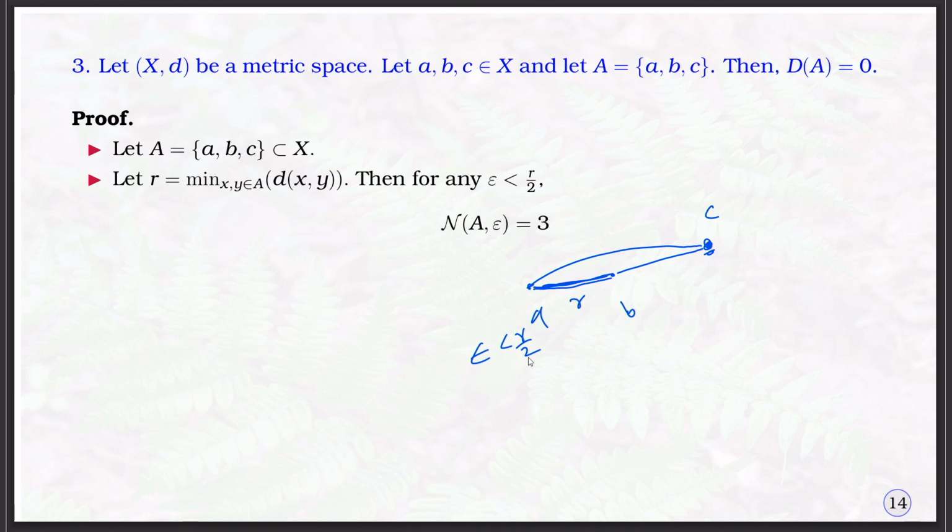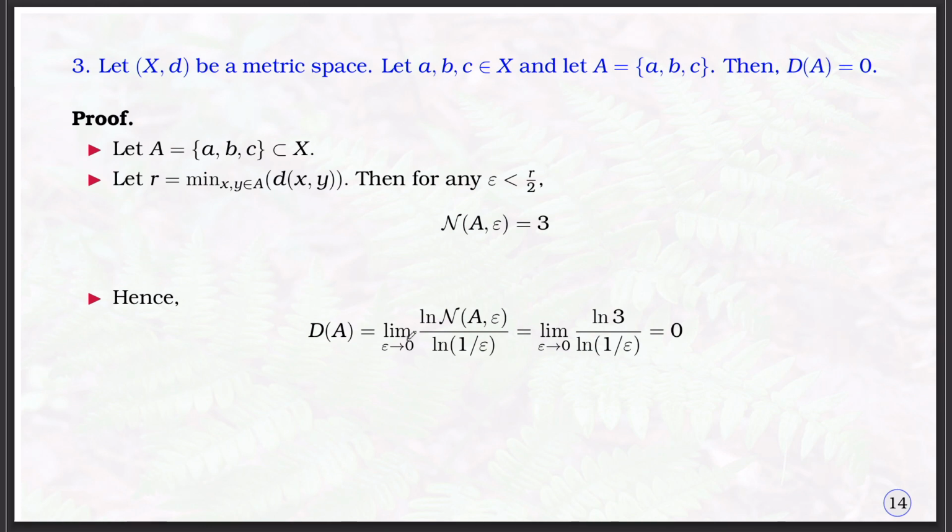Suppose this is the minimum number R, then choose epsilon less than R by 2. If you draw the closed ball with this epsilon radius around each center, one can get this type of closed ball and this type of closed ball. We can distinguish all these points. Therefore, the minimum number of boxes required to cover these 3 points is 3.